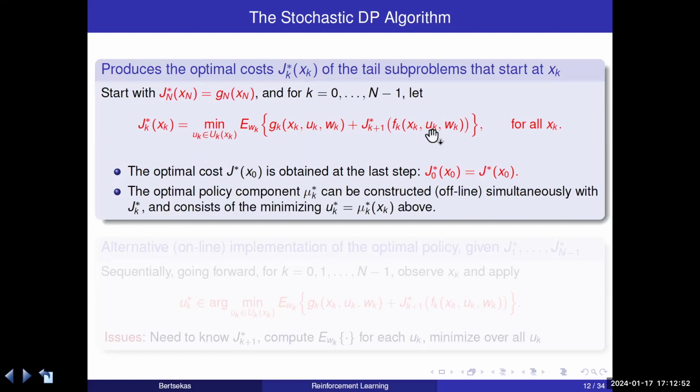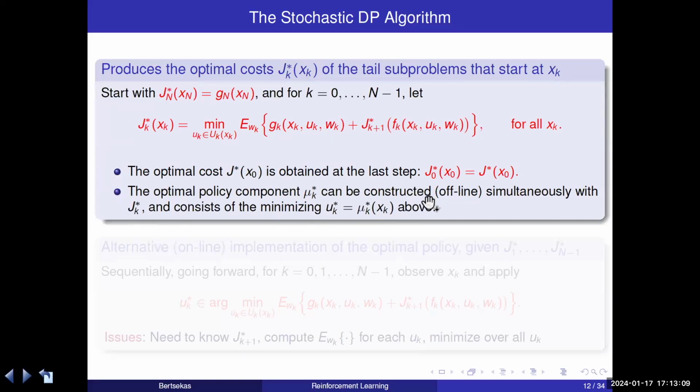Now, in the process of doing this calculation backwards, we can calculate the optimal control at every possible state that can be encountered, and we can construct the optimal policy by putting together all these states.